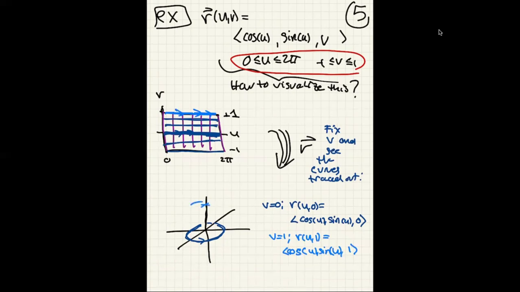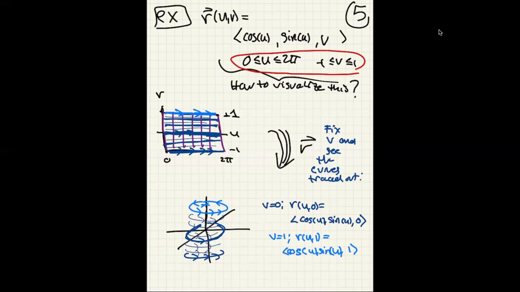So in fact, R takes all of these horizontal blue lines in that UV chunk of rubber to these horizontal circles.